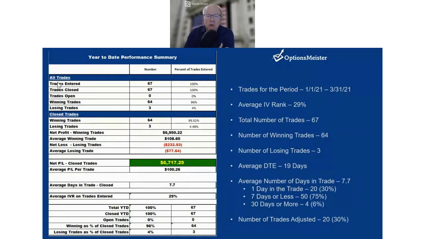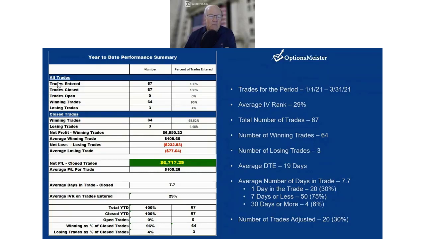I'm usually milking these things and trying to get a little extra money out of them. I'm getting better on earnings trades at trying to get out as quickly as possible. As you saw in the Goldman Sachs trade, I'm still not out of that. I'm kind of milking it a little bit because there aren't a lot of new trades to put on yet. But I was proud of myself that I got all these closed, because usually I'll have some linger that I'm managing for weeks and weeks.